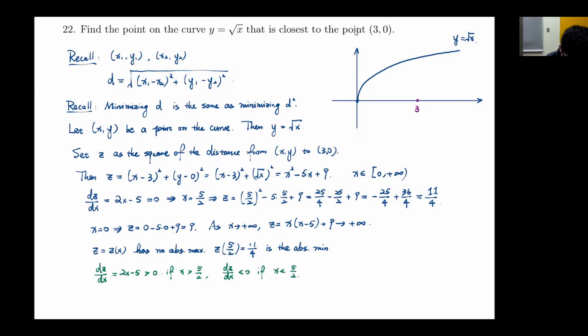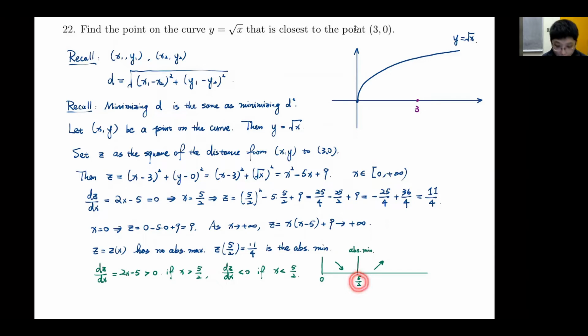So this way we see that the domain 0 to infinity is separated into two parts, 0 to 5 over 2 and 5 over 2 to infinity. Then you see that the function is decreasing for the first and increasing for the next. So you could also see that at 5 over 2, we get the absolute minimum. Either way, the function takes absolute minimum when x equals 5 over 2.